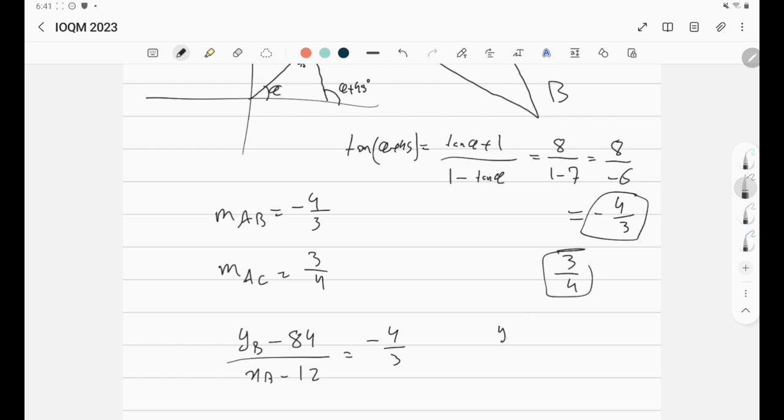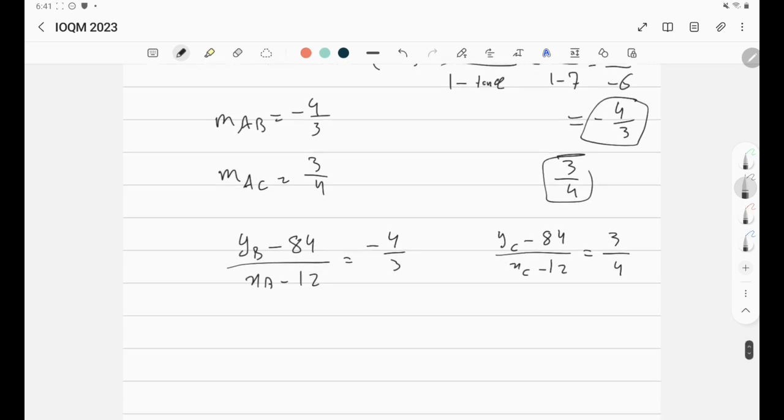Same thing for the other one, yC minus 12 is going to be equal to 3 over 4. Okay, now we can of course find the relation between xB and yB and xC and yC.